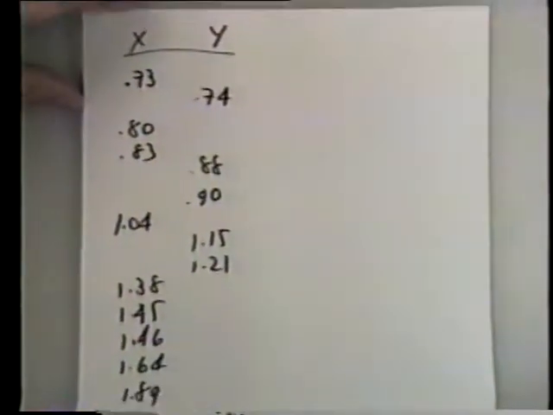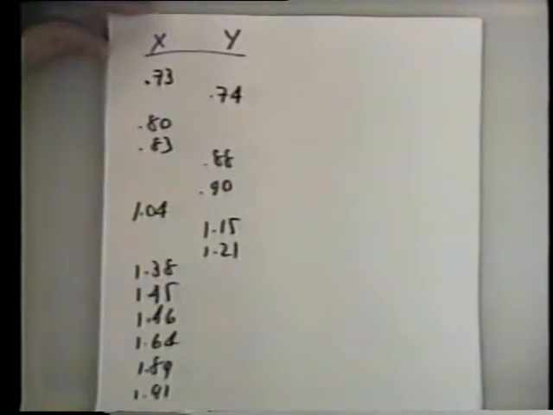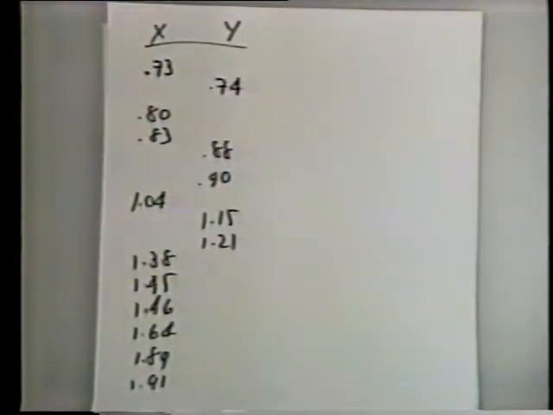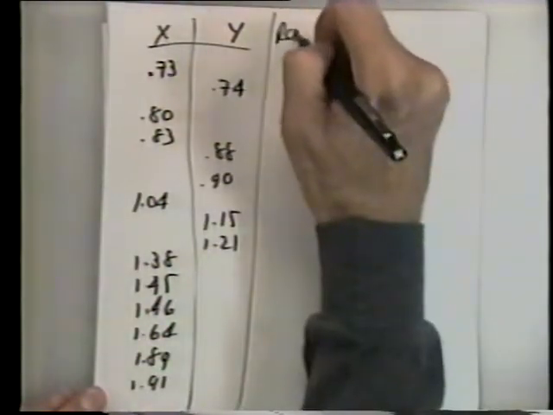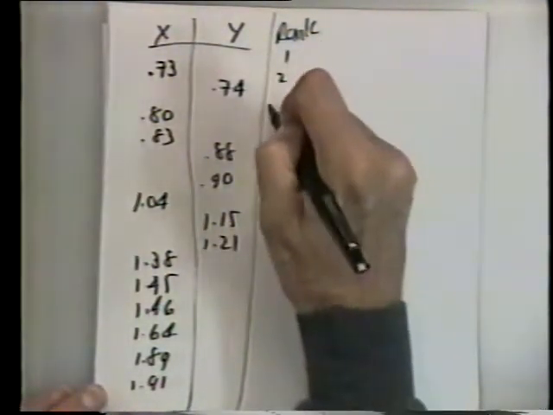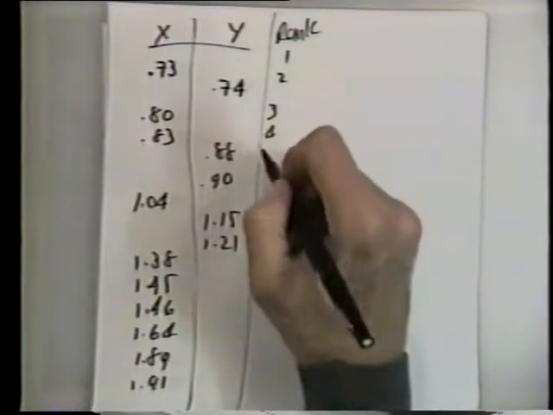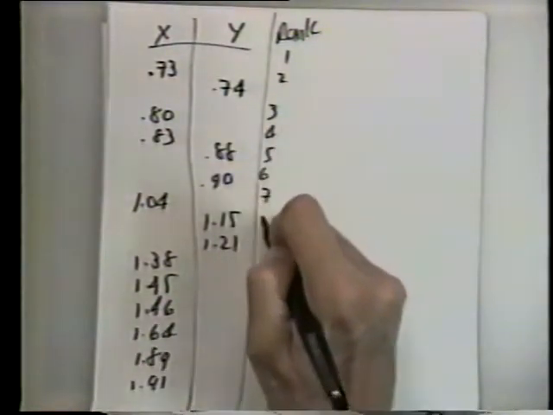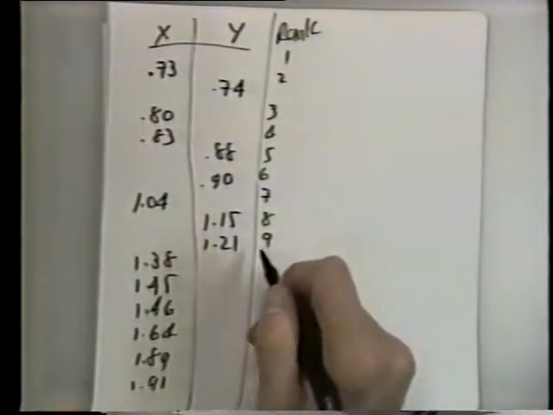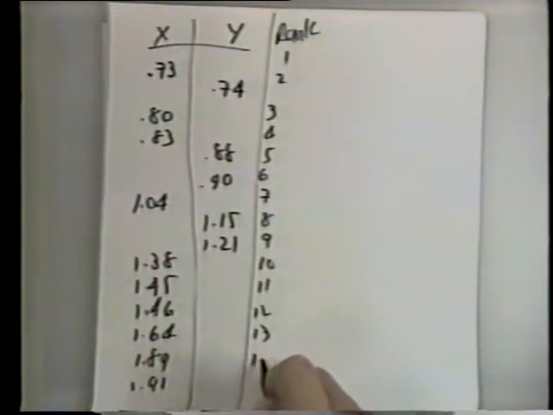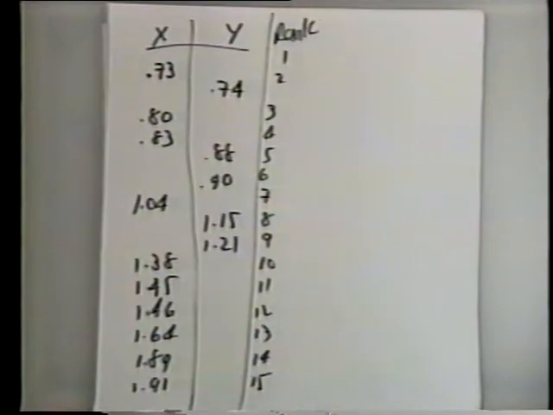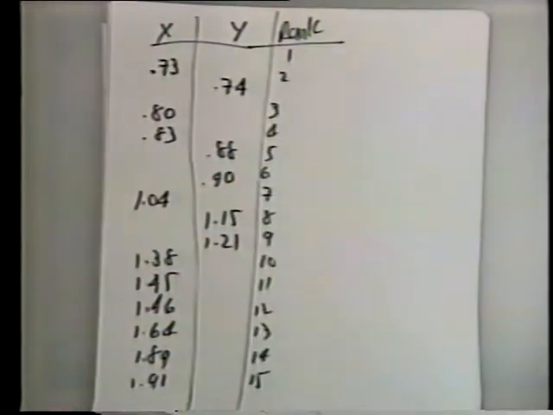I've ordered them, and I've kept track of which is x and which is y. And now I'll write down the ranks, which is 1, 2, 3, 4, 5, 6, 7, 8, 9, 10, 11, 12, 13, 14, 15.